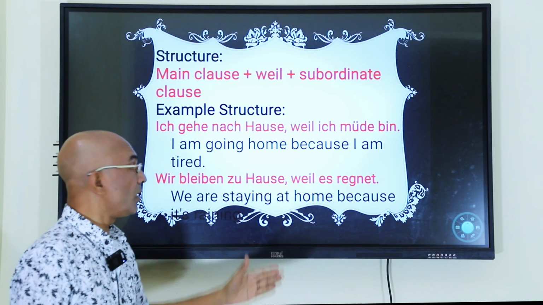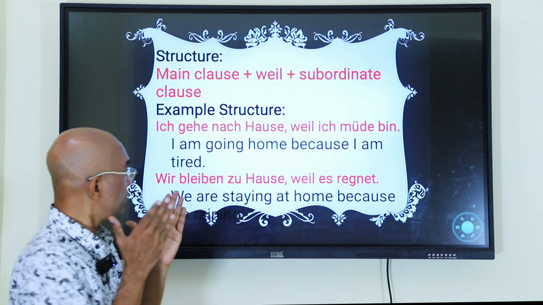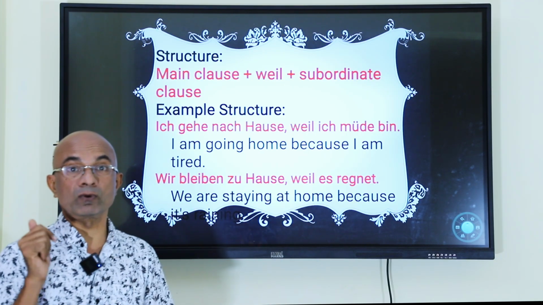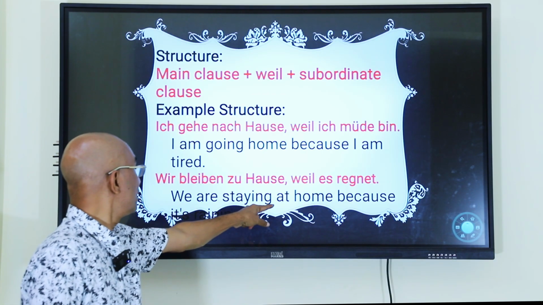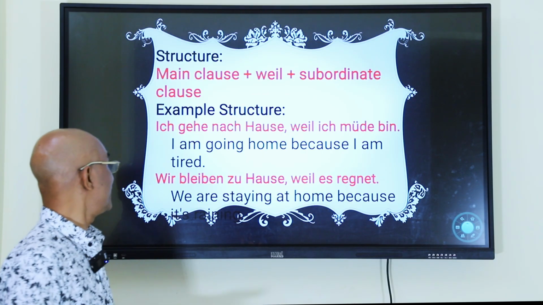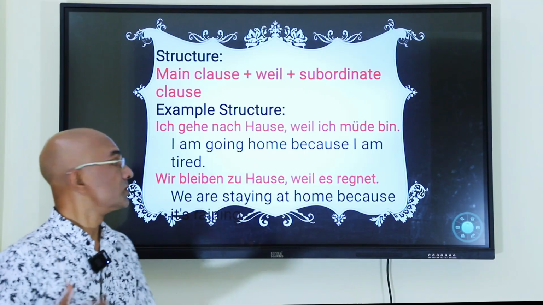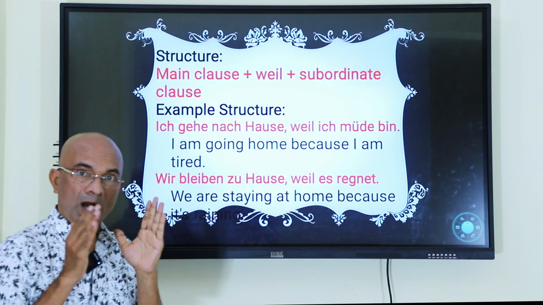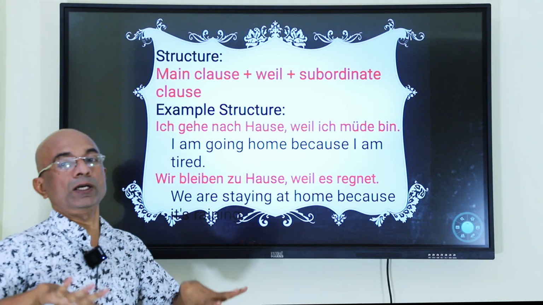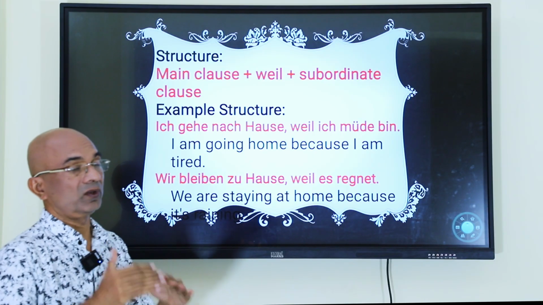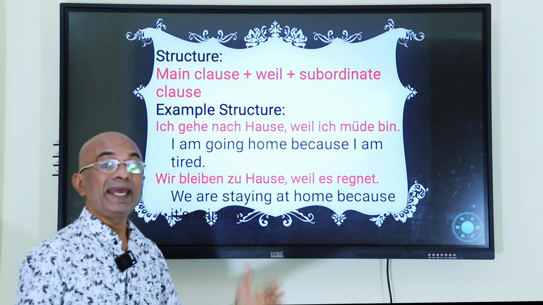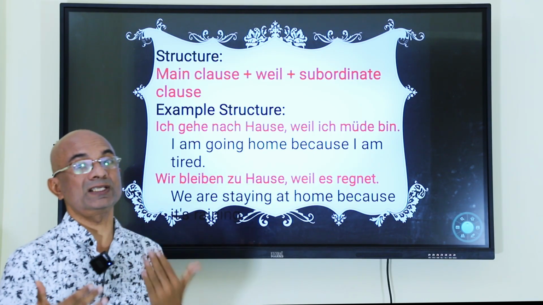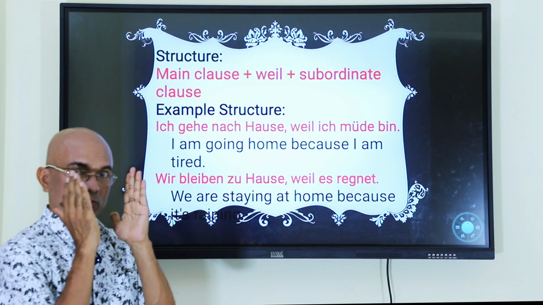Wir bleiben zu Hause, weil es regnet. We are staying at home because it is raining. Wir bleiben zu Hause, we are remaining at home. Why? The reason is "weil es regnet", because it is raining.